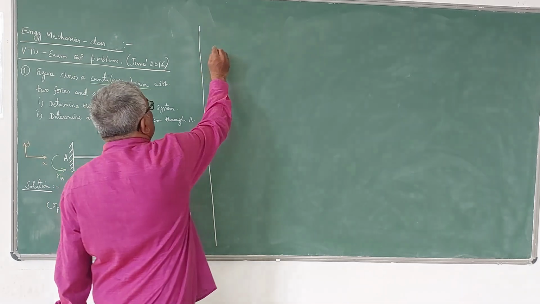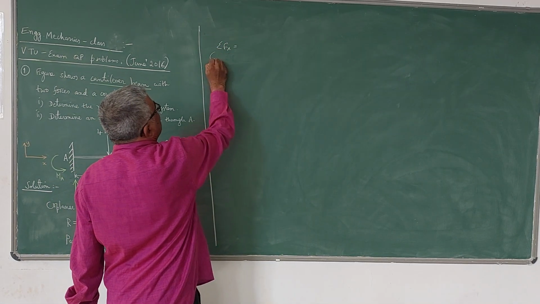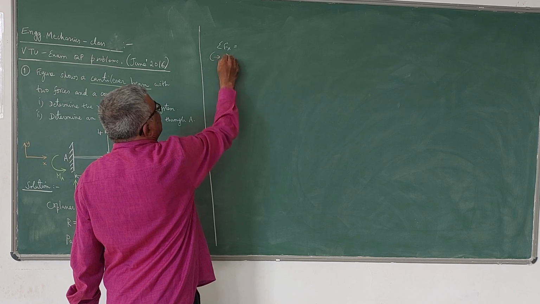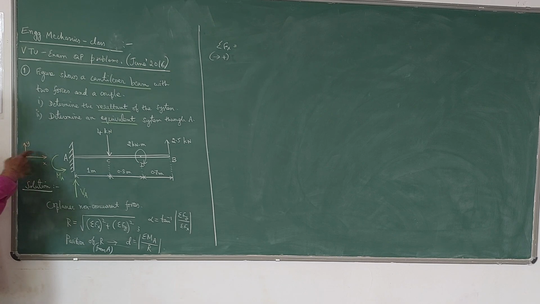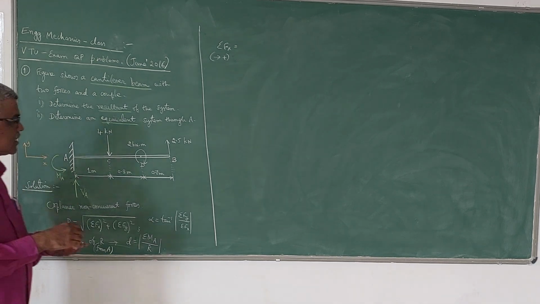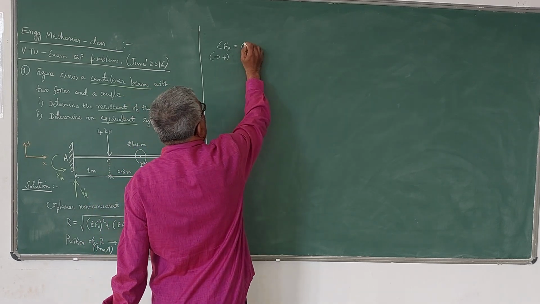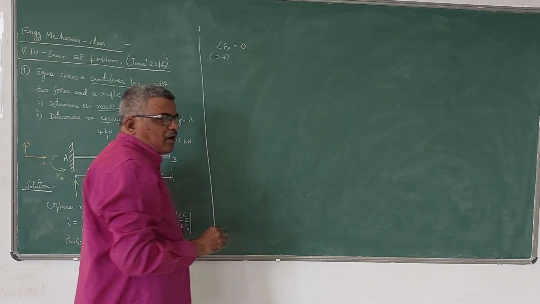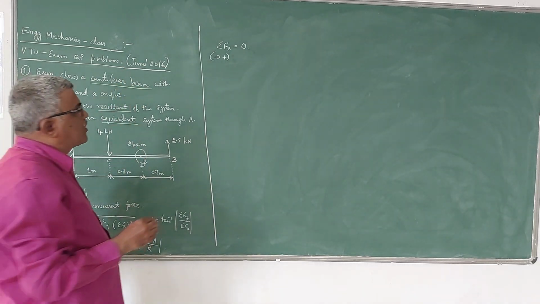Now, first let us find out sigma Fx. Sigma Fx is found out by using the sign convention. Forces acting towards right side positive. I have taken x axis like this, y axis like this, positive directions. So, if you observe, there is no horizontal component or horizontal force acting on the beam. Therefore, sigma Fx is 0 here.